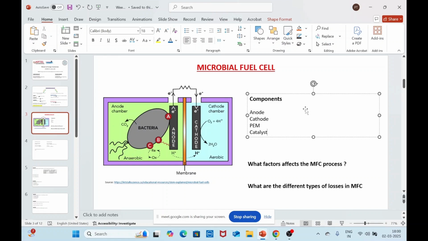Apart from that, you have something called the proton exchange membrane, that is the PEM. So what is the commonly used proton exchange membrane in the fuel cell? Cellulose acetate.